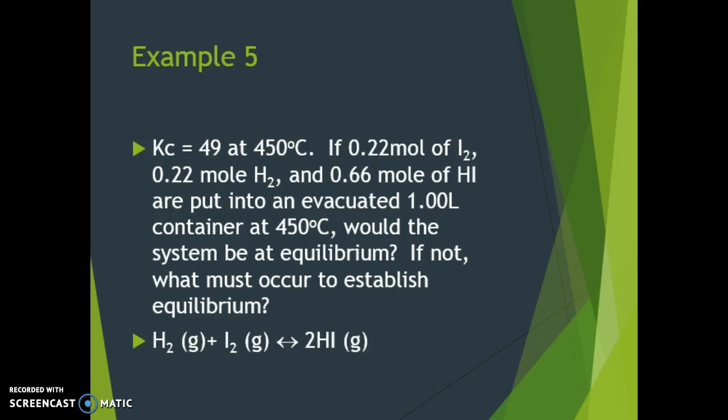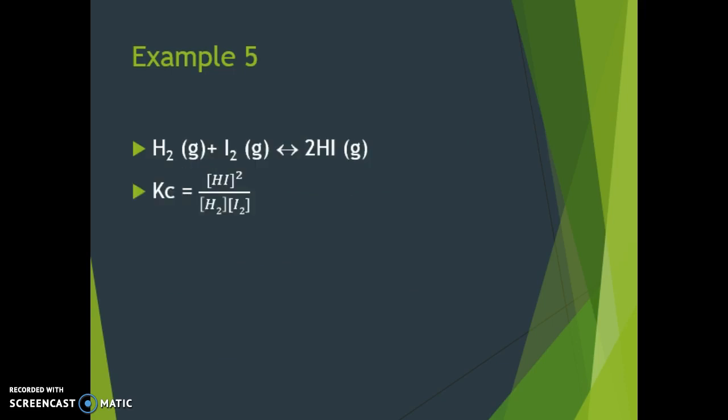So what I'm going to do is take my equation and define what Kc would actually equal just by using the chemical formulas. So remember again, those coefficients do matter. So I have HI squared divided by H2 times I2. Now Q is going to be calculated exactly the same way, the exact same chemical formula.